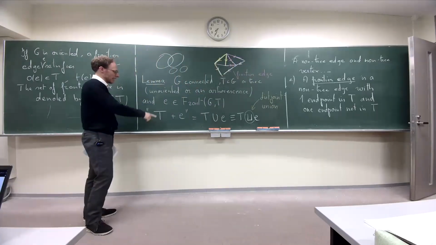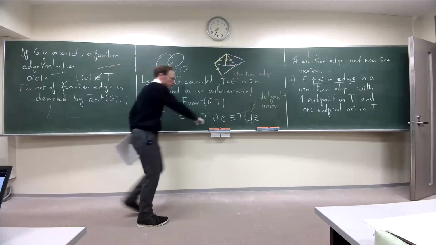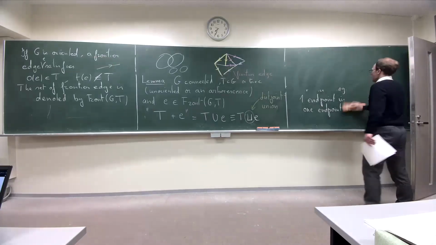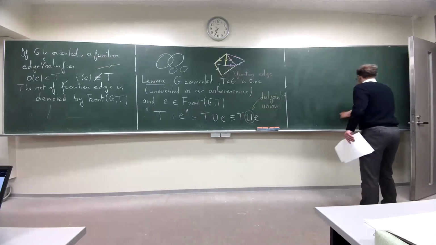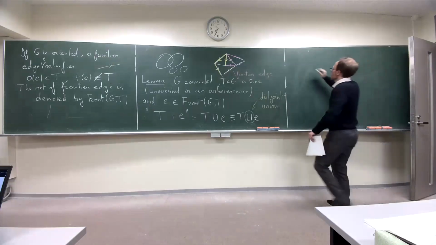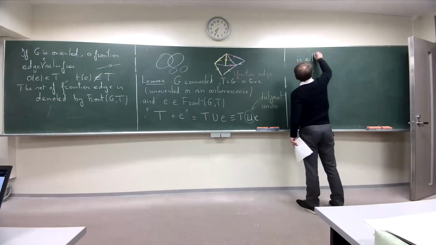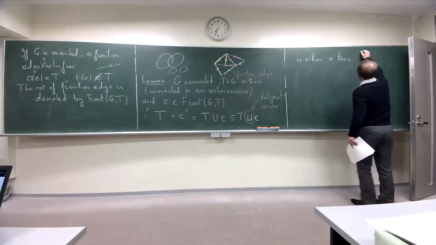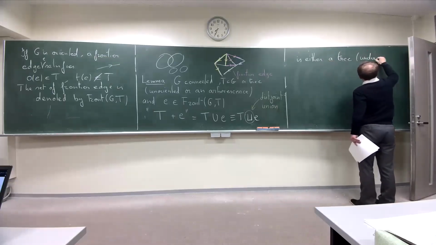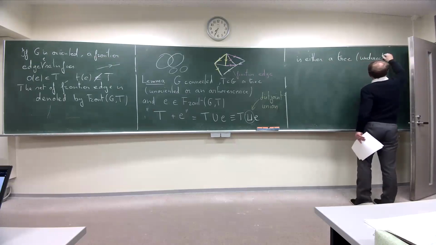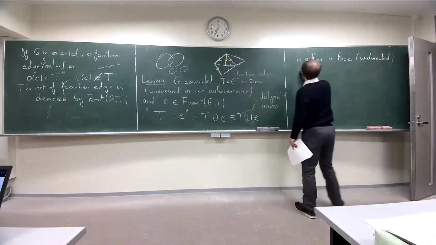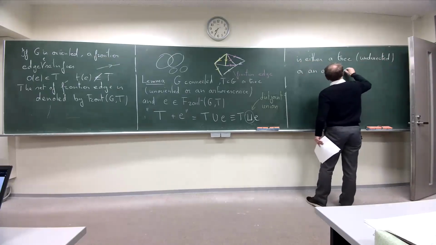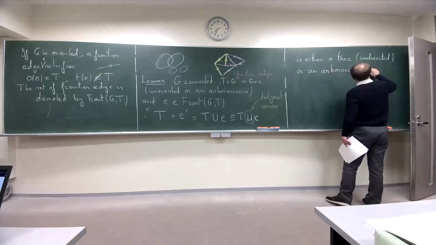So the statement is that this union is either a tree, if it is undirected, or an arborescence, in the case it is directed.